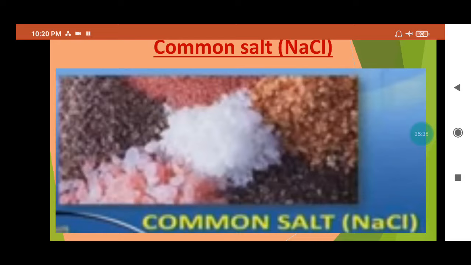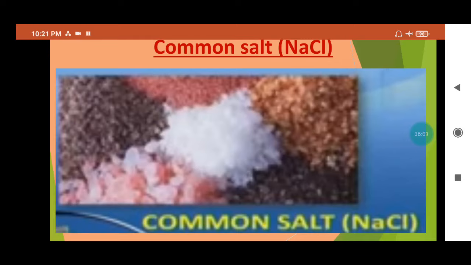Now let us see what the experiment involved is. How do we convert NaCl into NaOH? There is a process called the chloroalkali process. Here we pass electricity through NaCl solution. Generally, NaCl solution is called brine solution.